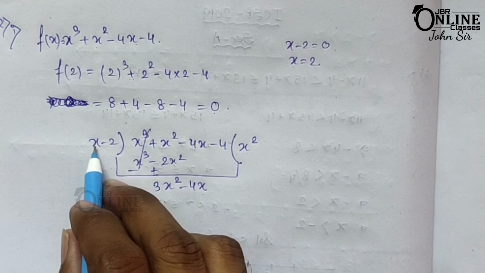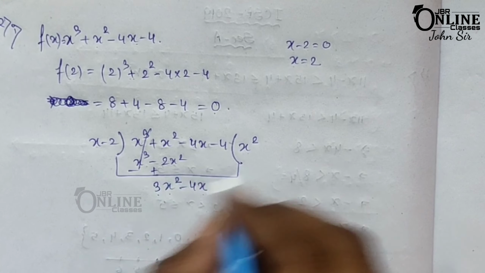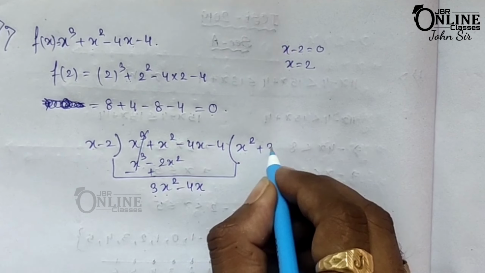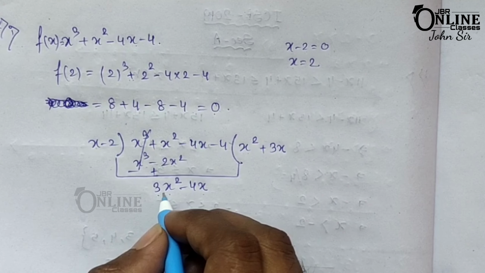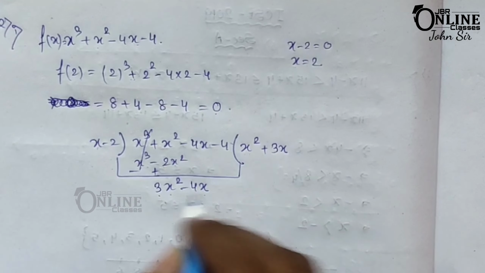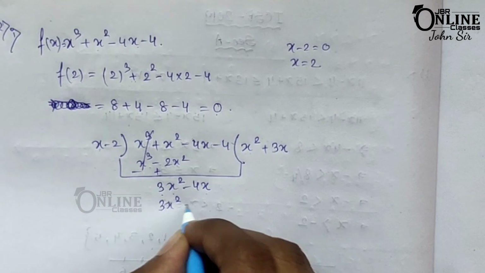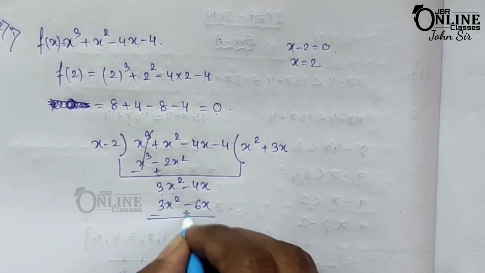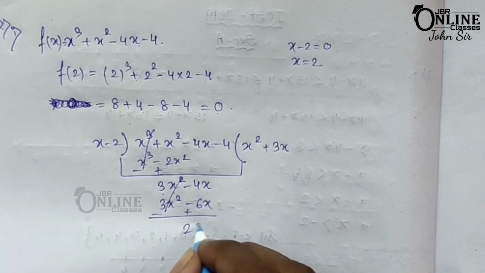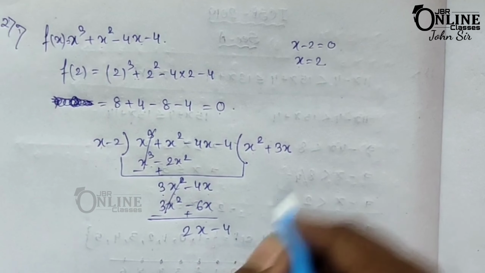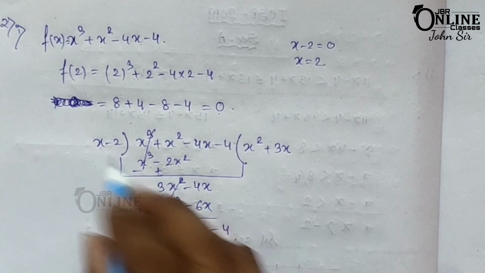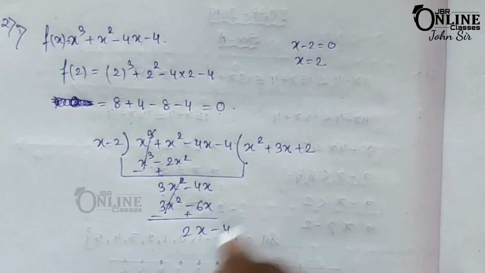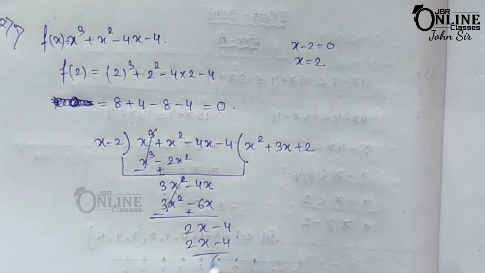Okay, now as here is x and here 3x square, you have to multiply with plus 3x to get 3x square. x into 3x, you will get 3x square. Then 3x into 2, 6x, then minus plus, so that will be 2x, and that one minus 4. Now next one, make it 2x, so x into 2, so it becomes 2x minus 4.